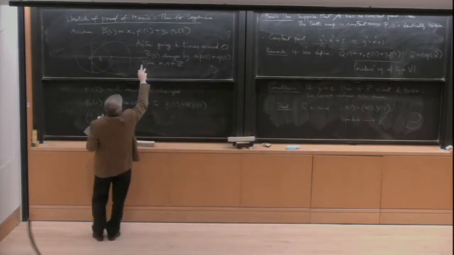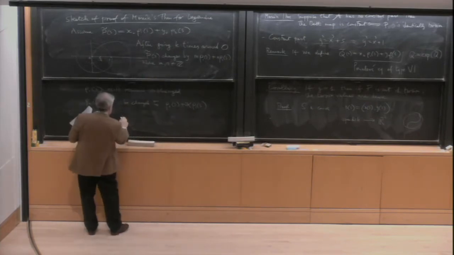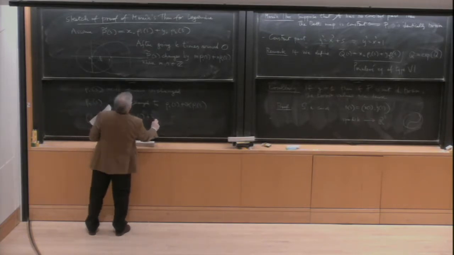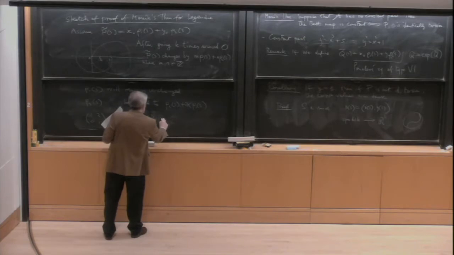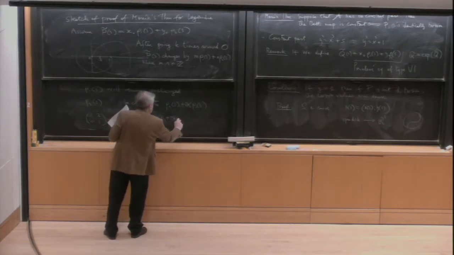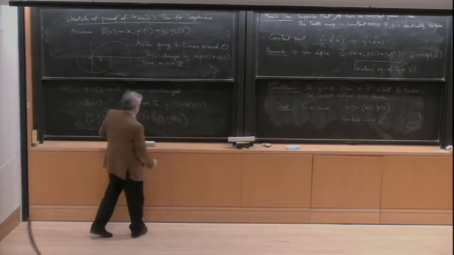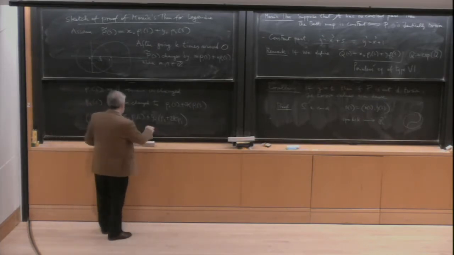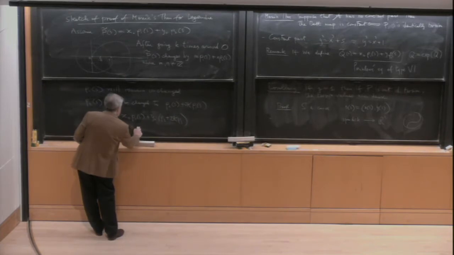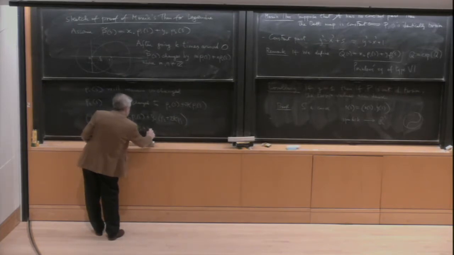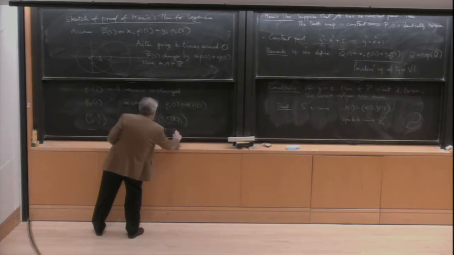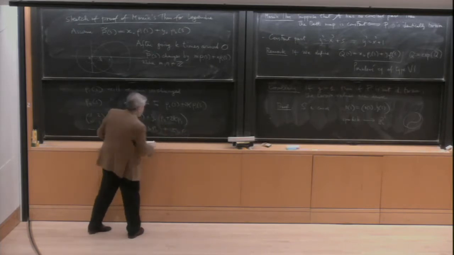We have then that this expression here will go into x naught rho 1 plus y naught times rho 2 plus 2k rho 1. So this is the previous expression plus 2k y naught rho 1.